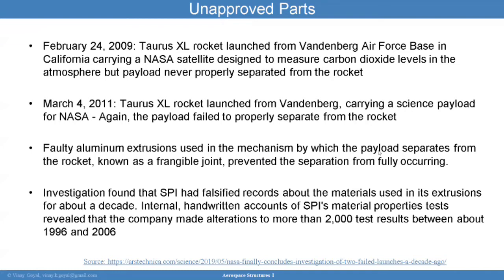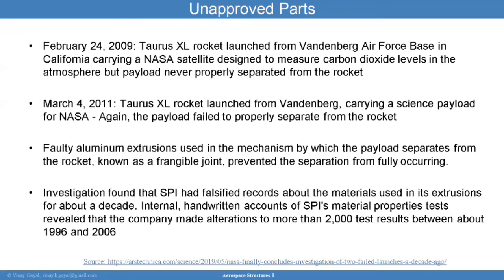It was found through extensive investigations that faulty aluminum extrusions were used in the mechanism by which that payload separates from the rocket, and that portion of the rocket where the separation occurs is called a frangible joint. That frangible joint did not work as planned. It prevented the separation from occurring. Investigations into the suppliers found that the company had falsified records about the material used in the extrusions for about a decade.